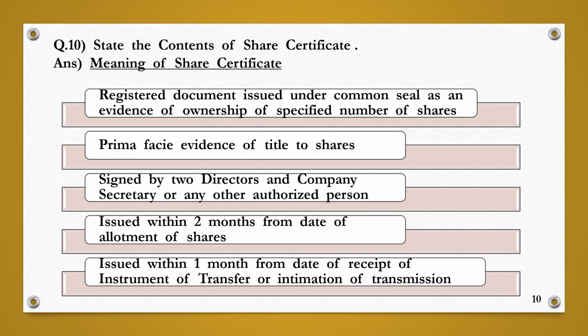Not only that, the company must issue share certificate even to the transferees within a period of 1 month from receiving the instrument of transfer, that is transfer form, in case of transfer of shares, whereas in case of transmission they should at least get an intimation for the transmission, and then only the share certificate will be issued within a period of 1 month.